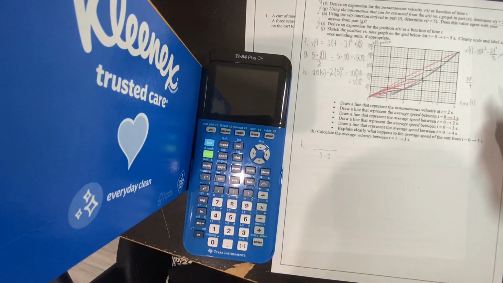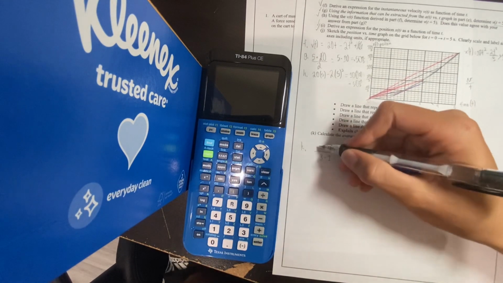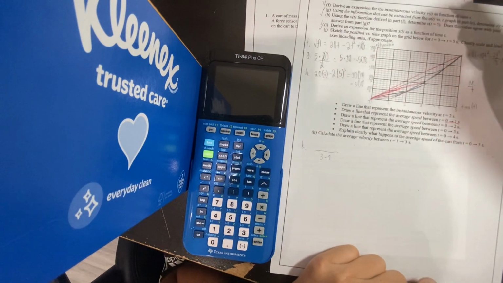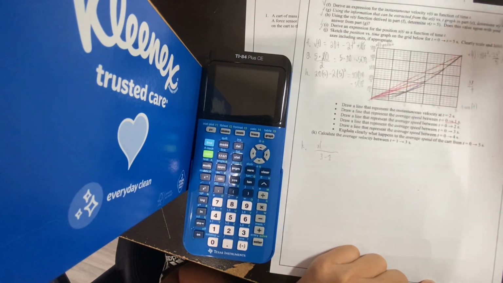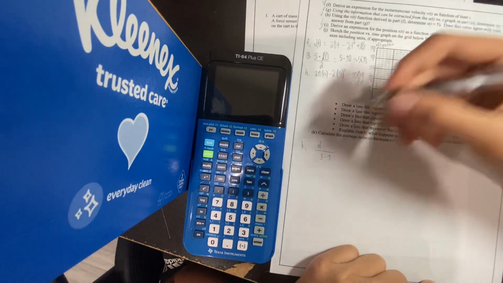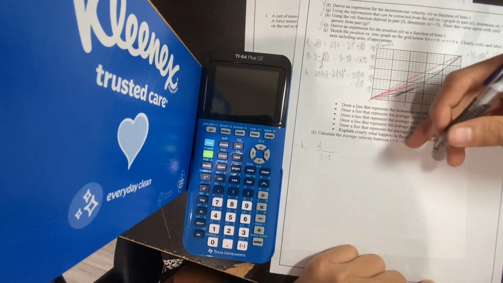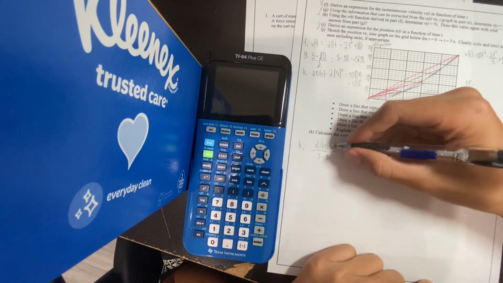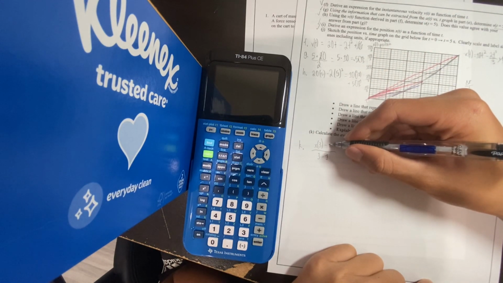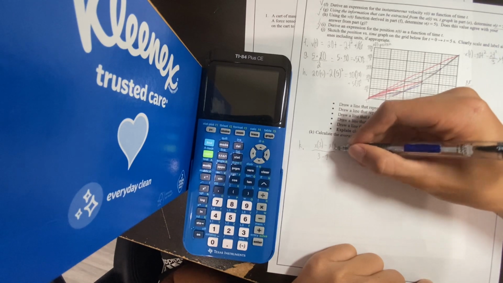And delta x is going to be the position at the point of 3 minus the position at 1.